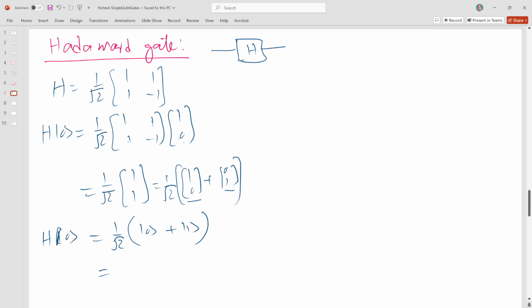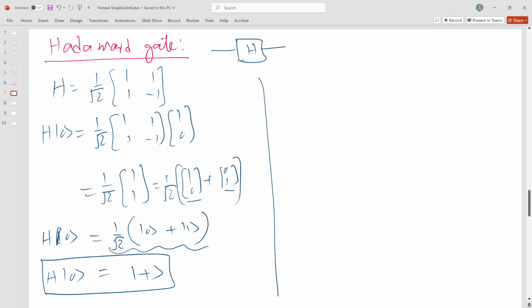And this state has a special name. We call it the plus state. We actually discussed it briefly in the last lecture as well. And then let's see, when we apply Hadamard gate to 1, what do we get?